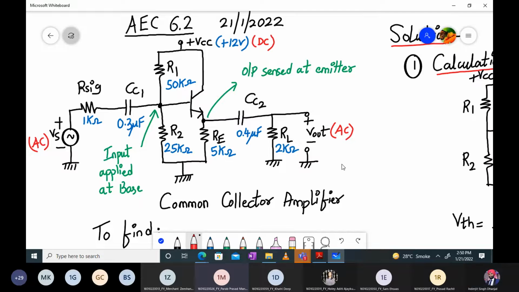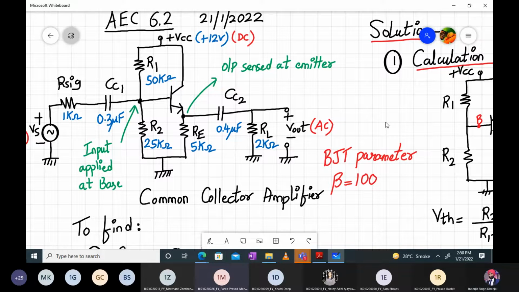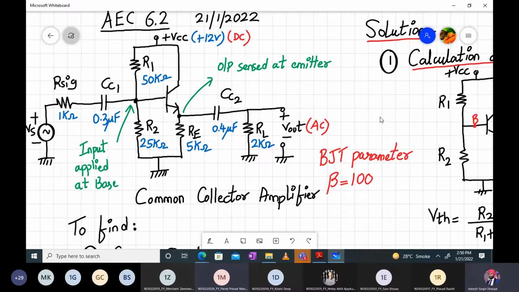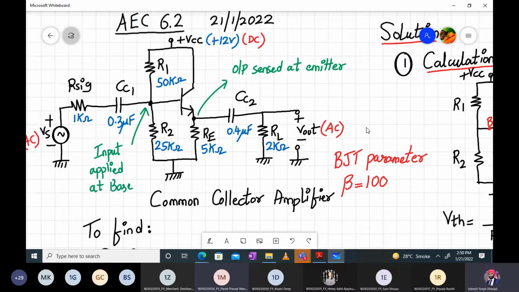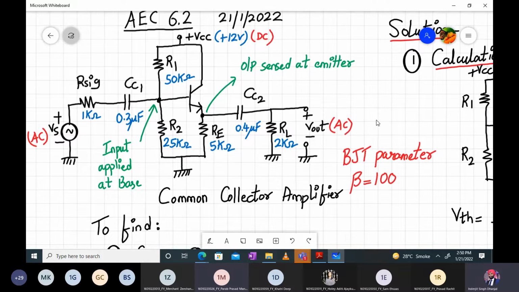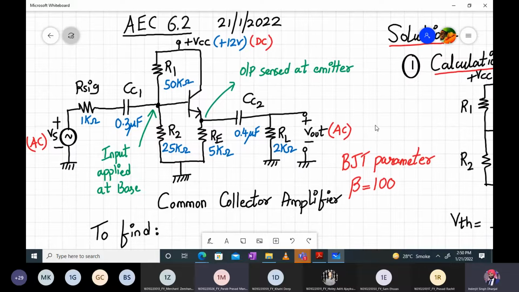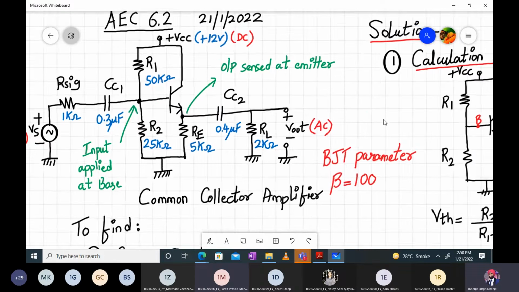The BJT parameter beta value is 100. If in the exam they don't give you the beta value, please ask for it. And if they say you can take any value, you have to write there, we assume the beta value to be 100 or safely 200. So if they don't specify, then you can safely take 100 or 200. If they specify, take that particular value only.